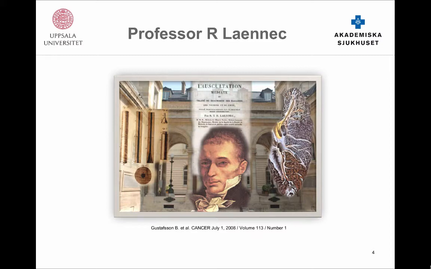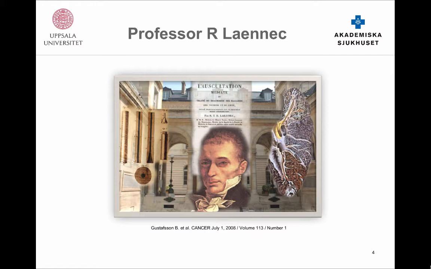Many people have mentioned Laennec, and maybe it's good to see how he looks. He was the man who reported in 1831 the first bronchial carcinoid. He is also well known for Laennec cirrhosis of the liver and so on.